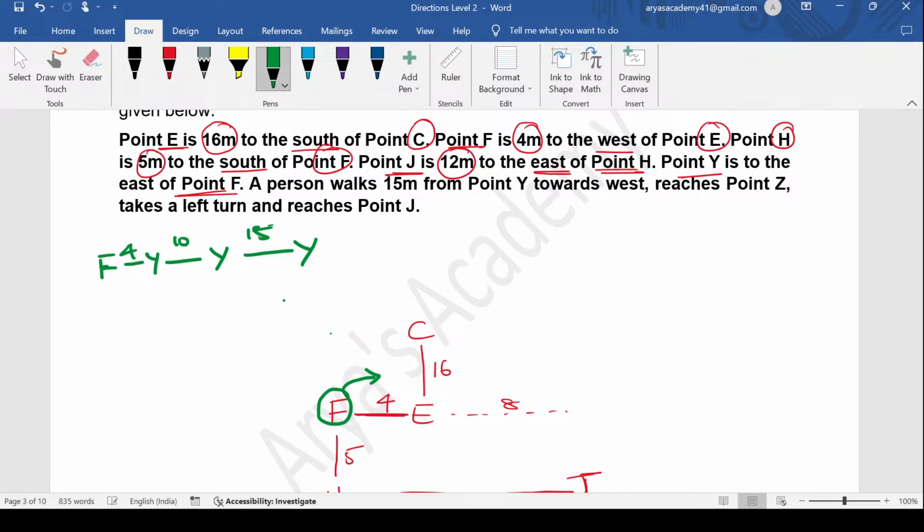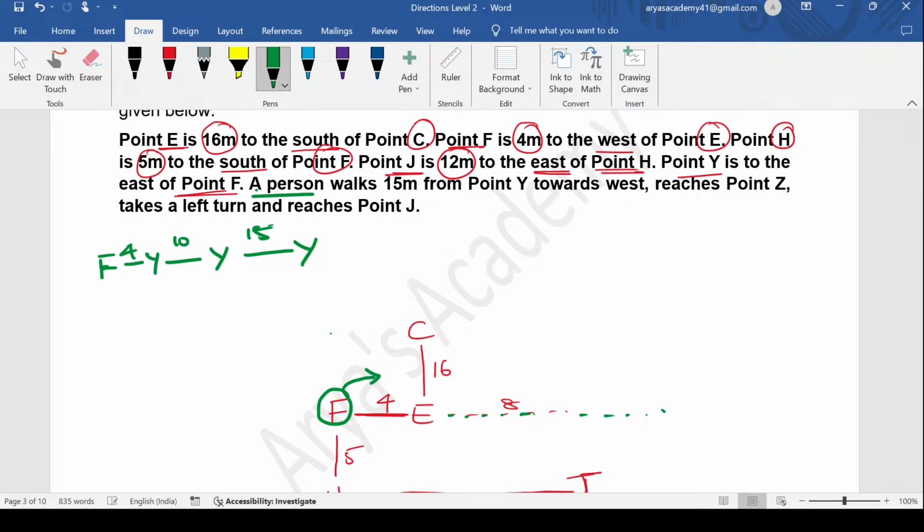Because they have not mentioned it clearly, that is why I am not actually writing point Y. From point F, Y has to be towards the east direction. As they have not mentioned a particular distance, we are not going to write point Y in the diagram actually. Okay. Now they are indirectly communicating you the distance of Y.